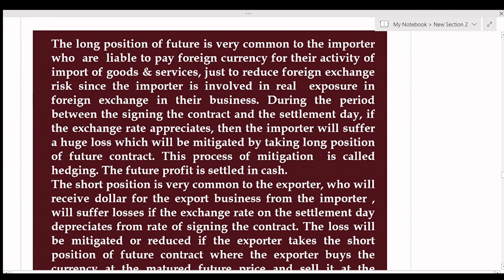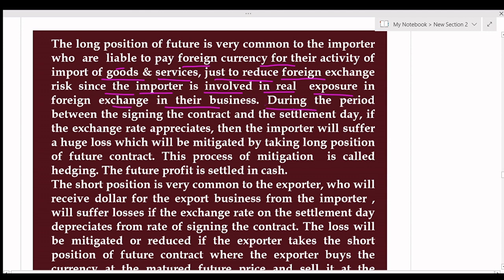The long position of future is very common to importers who are liable to pay foreign currency for their import of goods and services, just to reduce foreign exchange risks, since the importer is involved in real exposure in foreign exchange in their business.